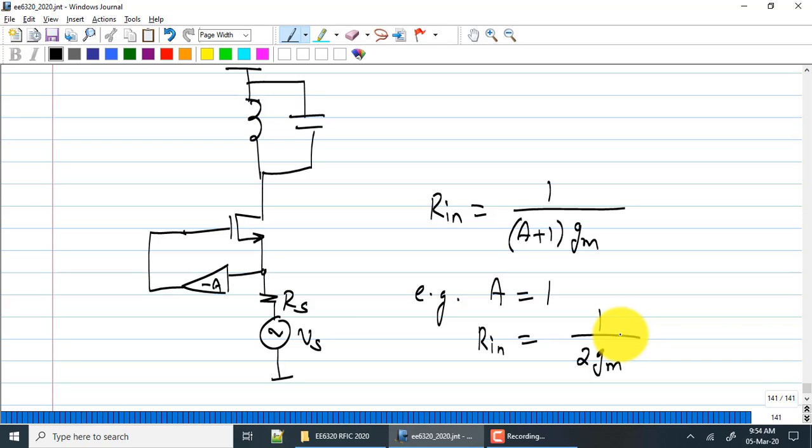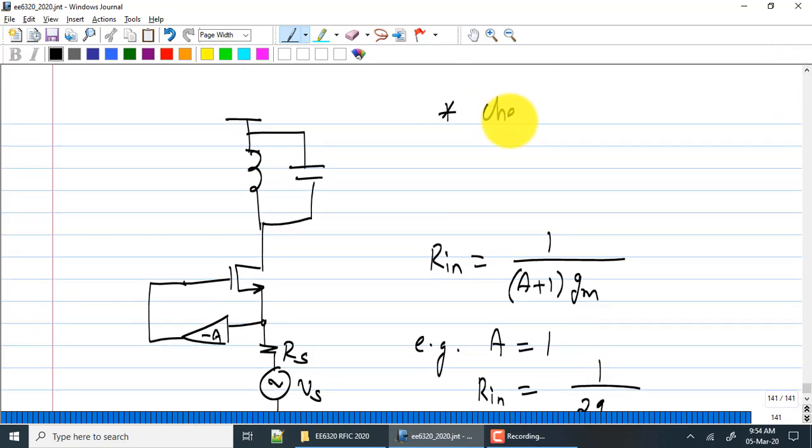You need to see what happens to noise figure, because now you have actually made the Gm of the common gate transistor smaller. So you need to go back and see what effect that has. Then what about noise of A? Amplifier A itself will add noise, so you need to check for that.